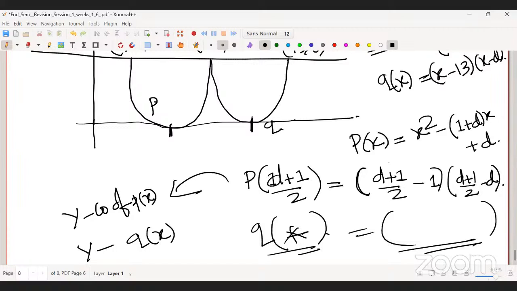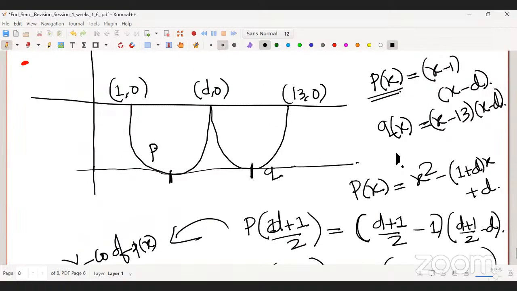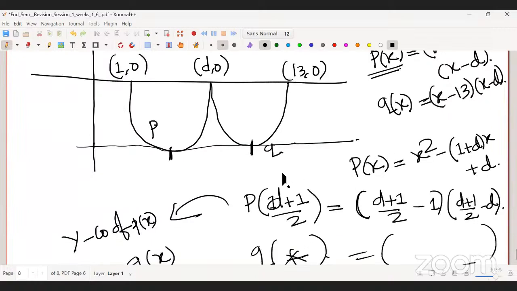You will get a quadratic equation, and if there are two values, we take the positive one. From the graph, we can guess that d will be between 1 and 13, so d is positive. Okay, then I'll solve it, sir. Thank you.